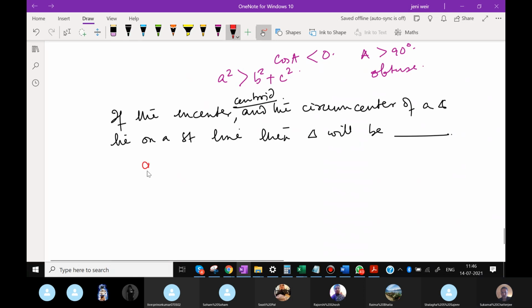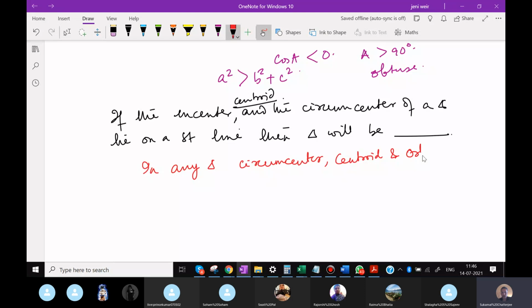So in any triangle, the circumcenter, the centroid, and the orthocenter lie on a straight line.